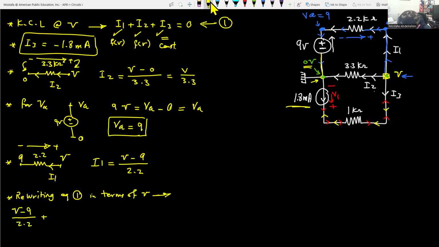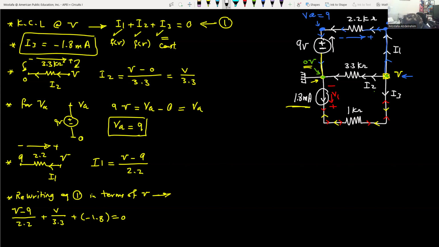I2 is V over 3.3. I3 is minus 1.8 milliampere. We can just write 1.8, since we know the currents will be in milliamperes, equal to 0.